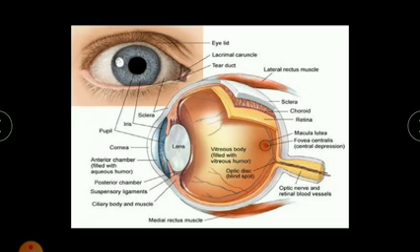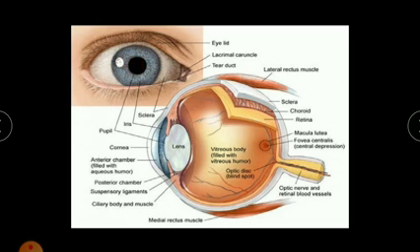From iris we are not seeing. Whatever light comes, the iris absorbs that light. It will not refract, it does the phenomenon of reflection, not refraction. Whatever we are seeing, we are not seeing because of iris, we are seeing because of the pupil.